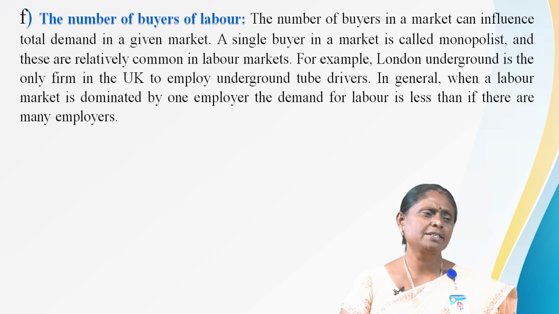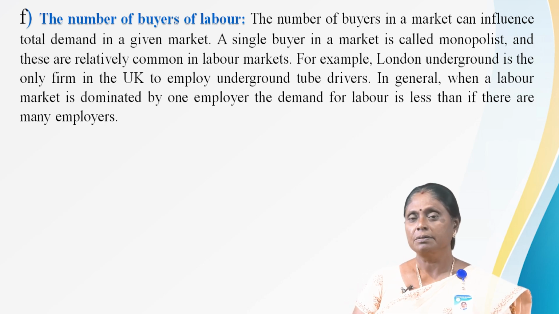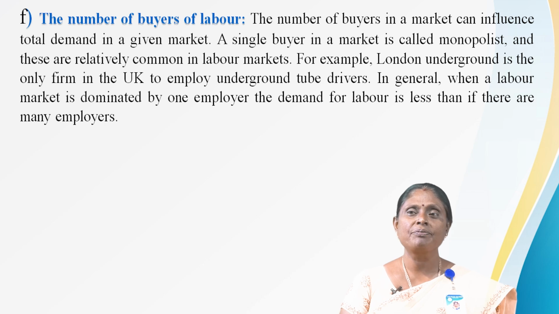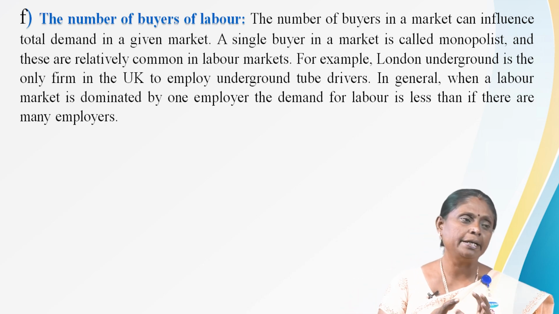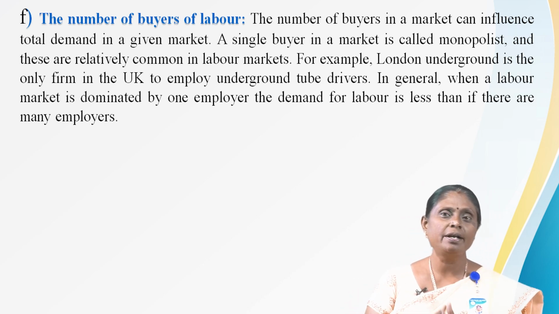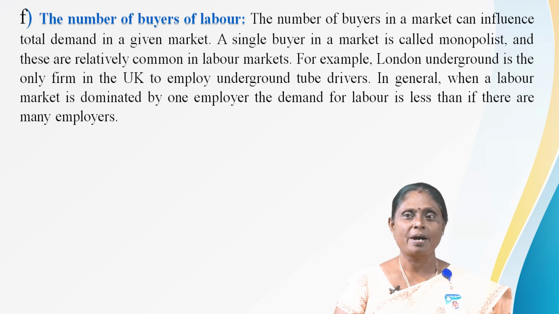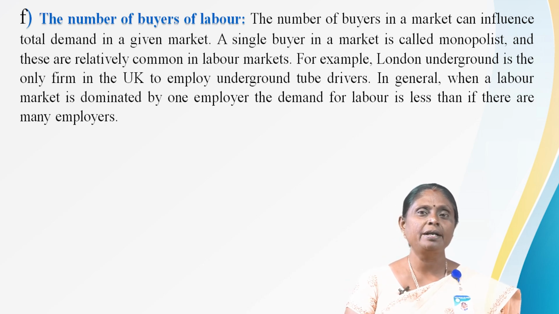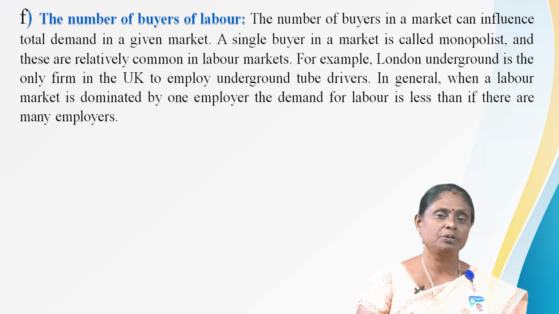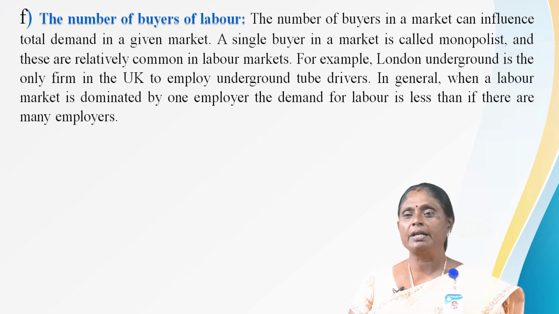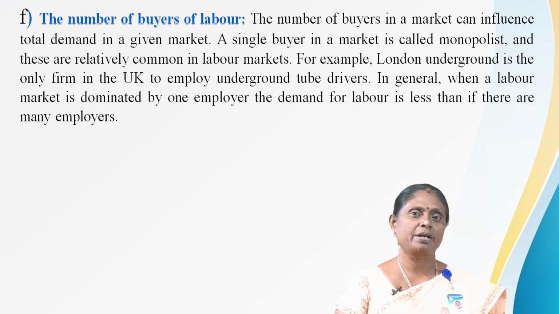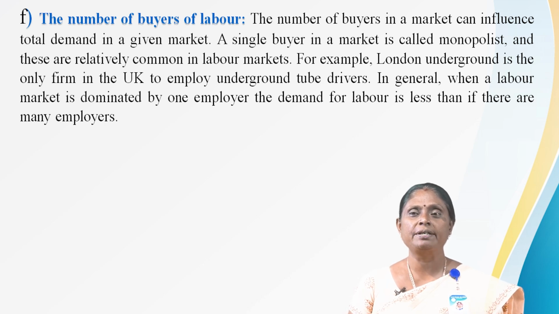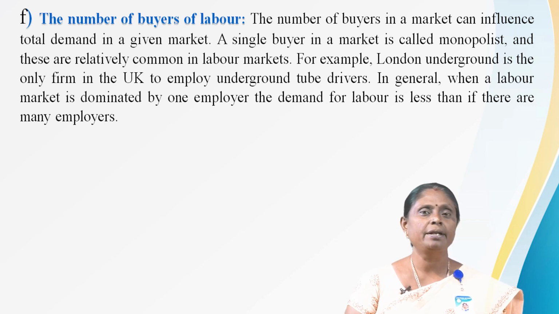The number of buyers of labor. The number of buyers in a market influences total demand in a given market. A single buyer in a market is called a monopsonist, and this is relatively common in labor markets.